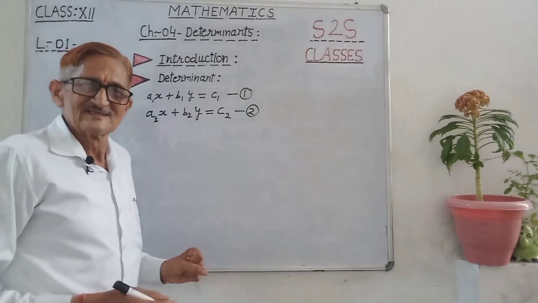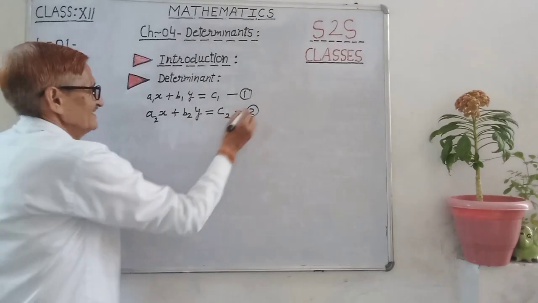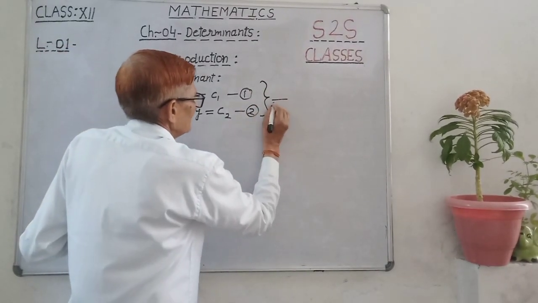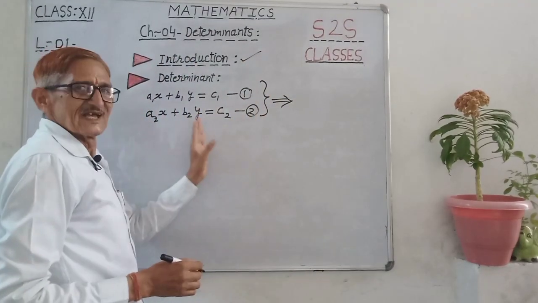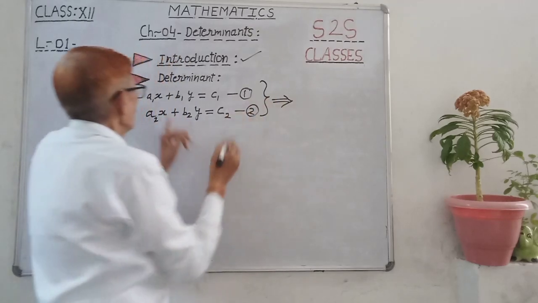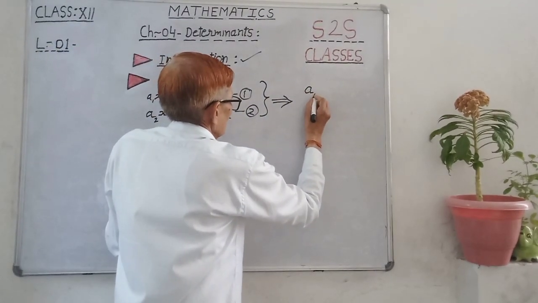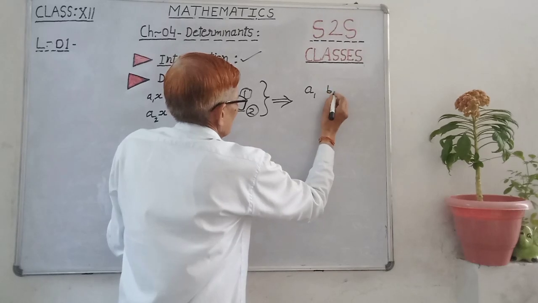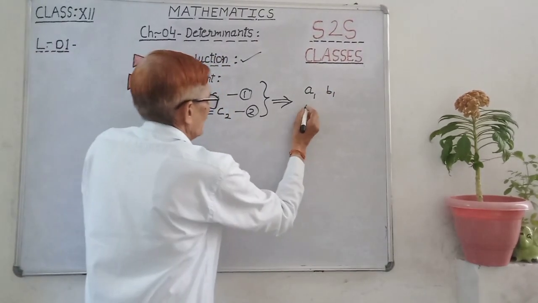Now these both can be written, and this is the introduction of the determinant. How can they be written? The coefficients of x and y: a1, b1 in the first row, a2, b2 in the second row.